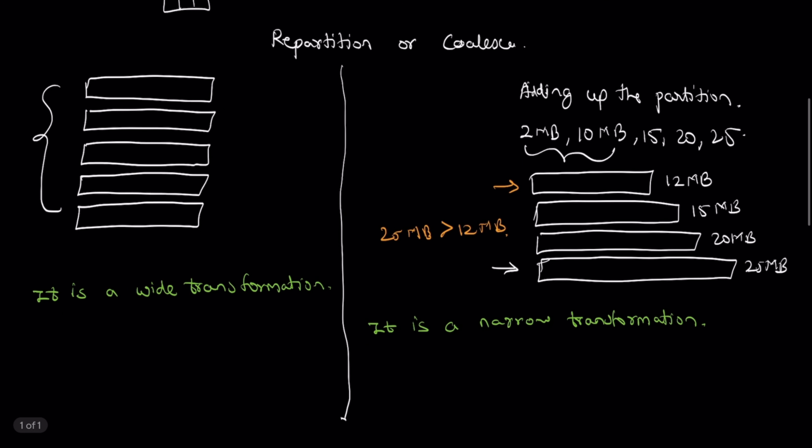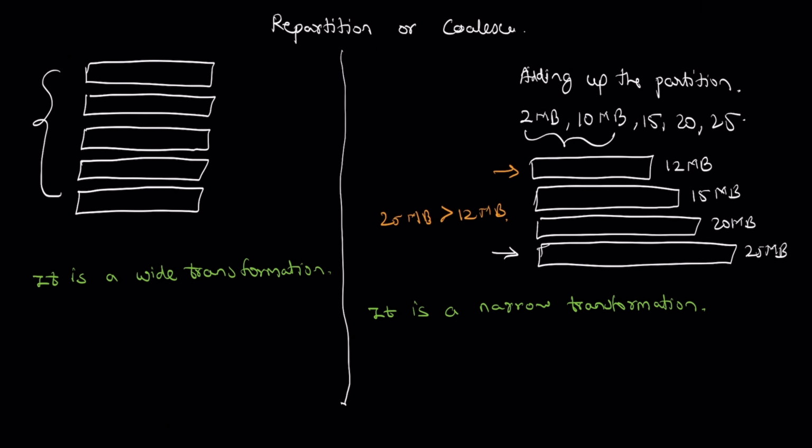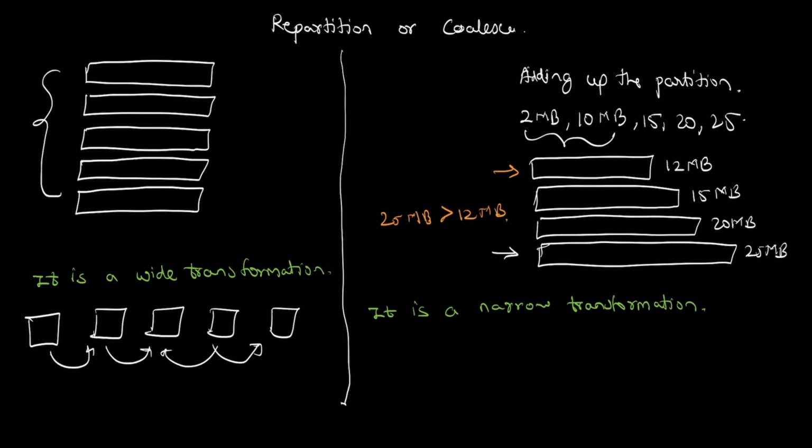So since repartition is a wide transformation, there is shuffling involved. Let's say these are the five partitions. There would be shuffling involved across the clusters or across the partitions to reduce the data within a partition and equally distribute the data in the partitions.